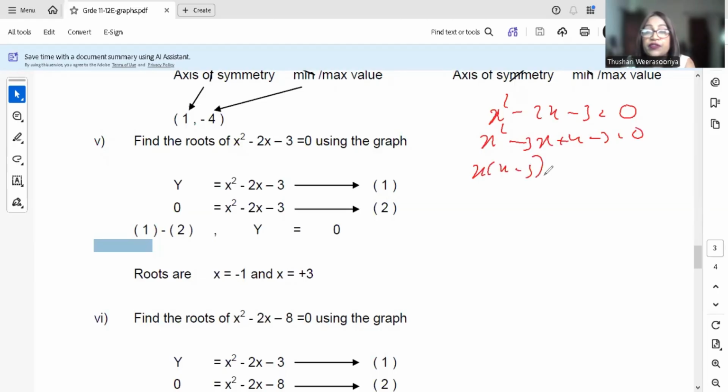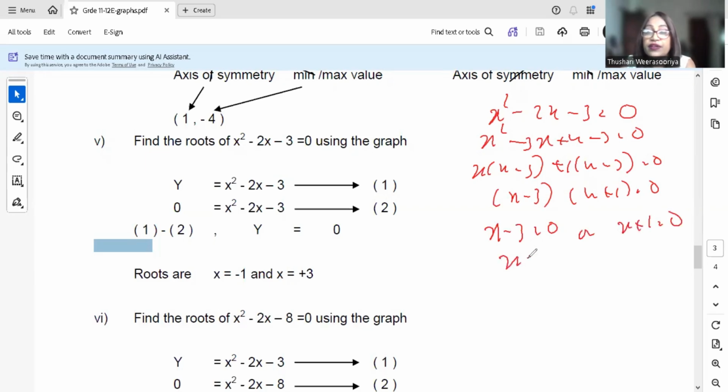Then x(x minus 3) plus 1(x minus 3) equals 0. (x minus 3)(x plus 1), you factorize. Then you break into pieces: x minus 3 equals 0, or x plus 1 equals 0. X equals 3 and x equals -1. That's how you find using the equation.